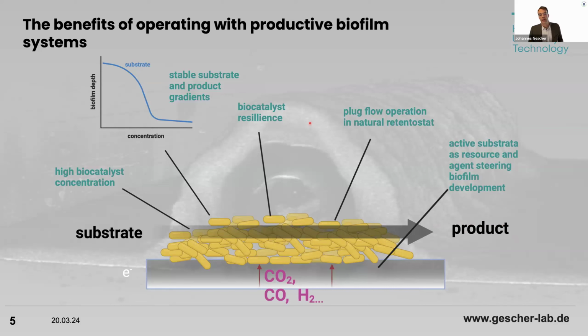These cells in biofilms are usually highly resilient. They tolerate higher concentrations of substrates. They tolerate higher salt concentrations. And they tolerate substrates that are toxic for planktonic cells.